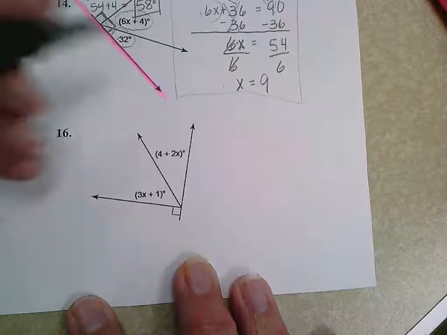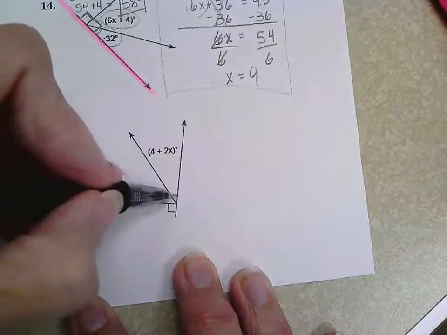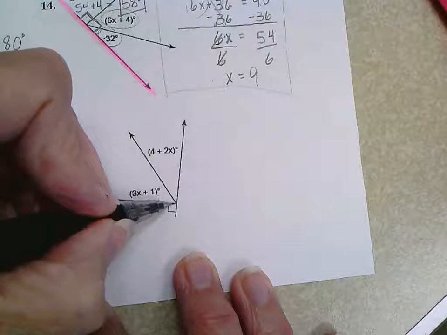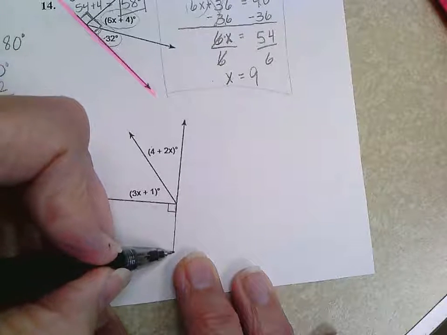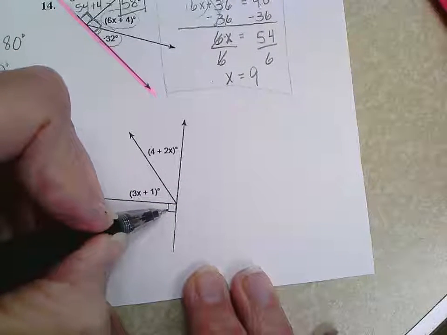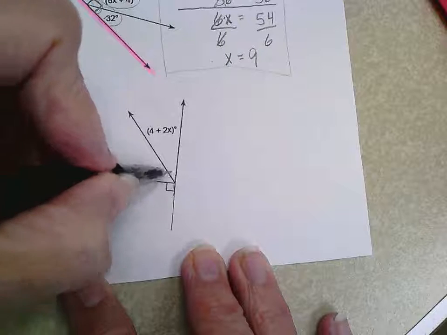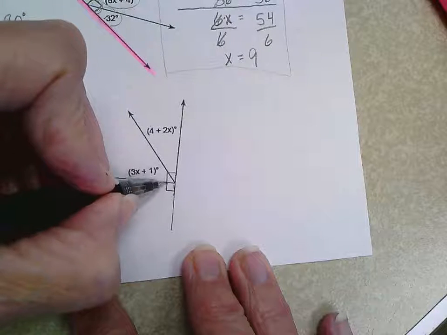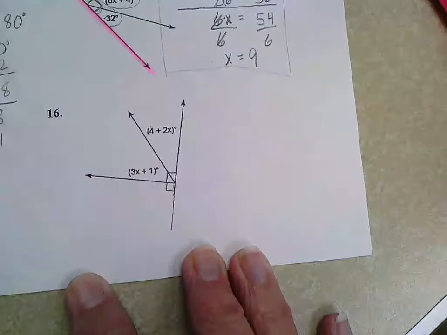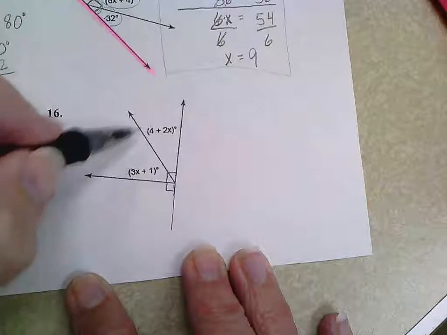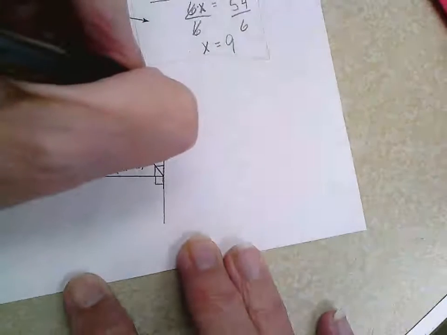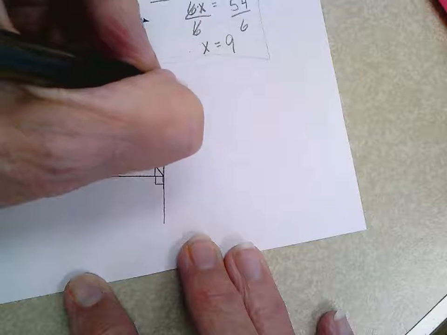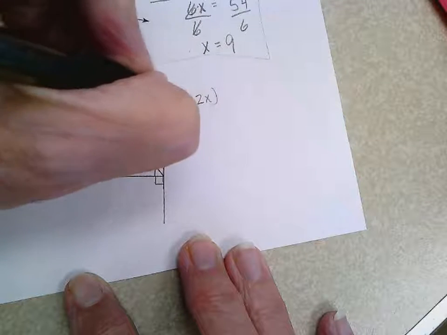Last one. I'm going to set these both equal to 90 degrees because on a straight line, if one side is a 90-degree angle, then the other side also has a sum of 90 degrees. So this expression plus this expression is equal to 90 degrees.